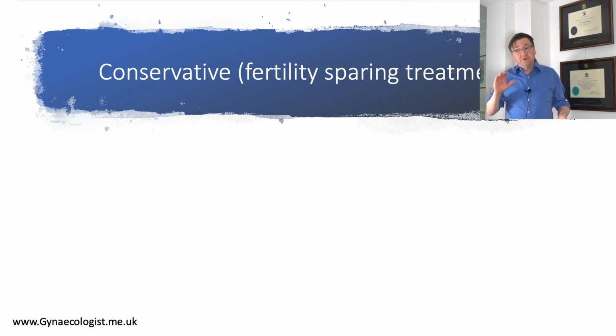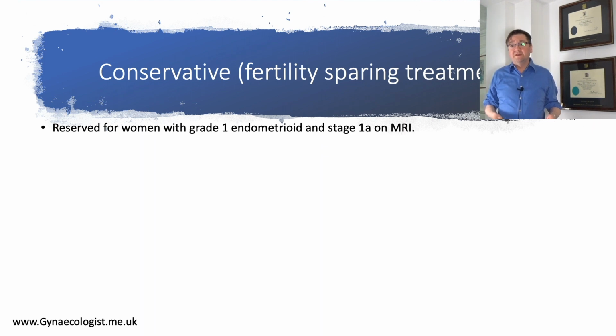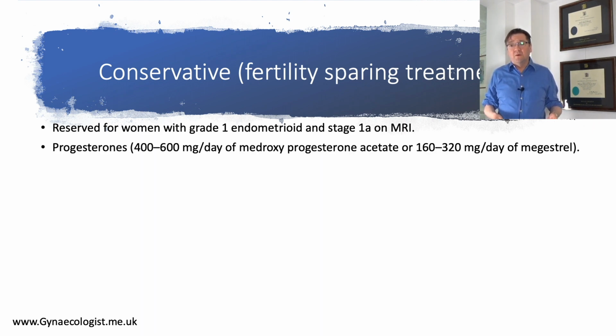But this has been predominantly used for fertility-sparing surgery up until now, and it's for women with grade 1 endometrioid and stage 1A on MRI. And we give them 400 to 600 milligrams a day of medroxyprogesterone acetate. It's a very high dose, and not all women can tolerate this, or 160 to 320 milligrams of Megestrol.